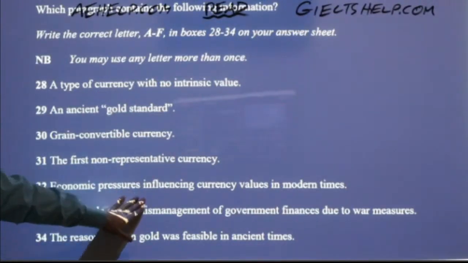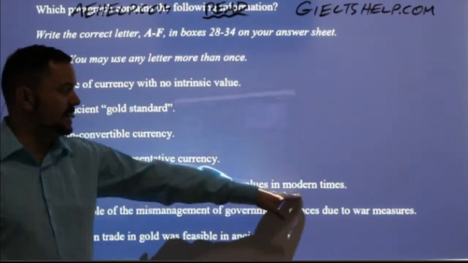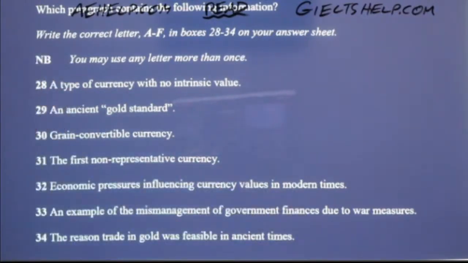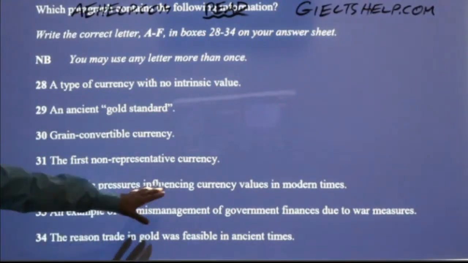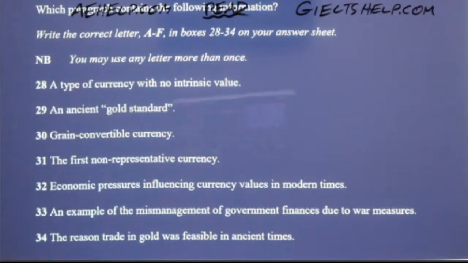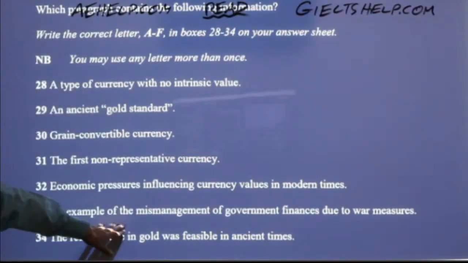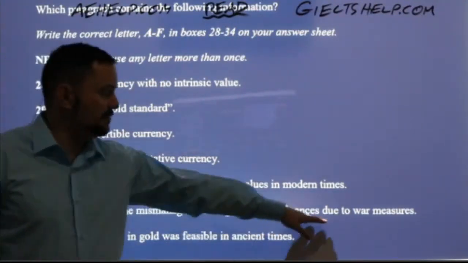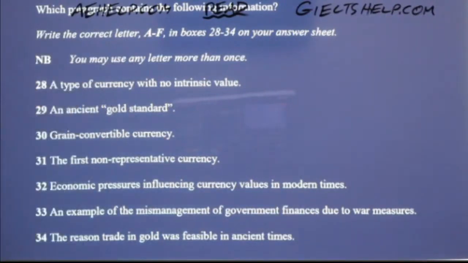Economic pressures influencing currency values in modern times. Monetary challenges affecting the value of money in recent decades. An example of the mismanagement of government finances due to war measures.